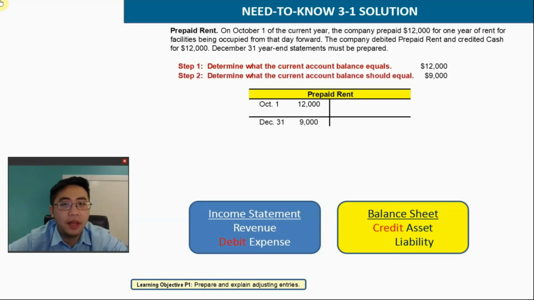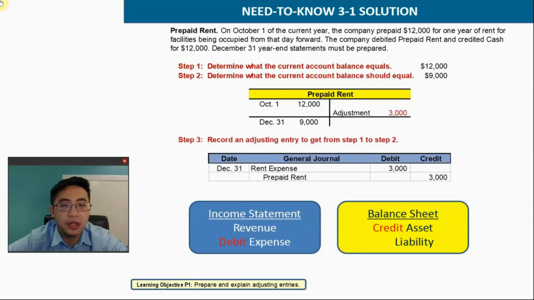You will find that after 3 months, you only have a 9-month period that you don't need to worry about rent payment. So from 12 months you reduce by 3 months to 9 months, so that's a $3,000 deduction for the value of prepaid rent.